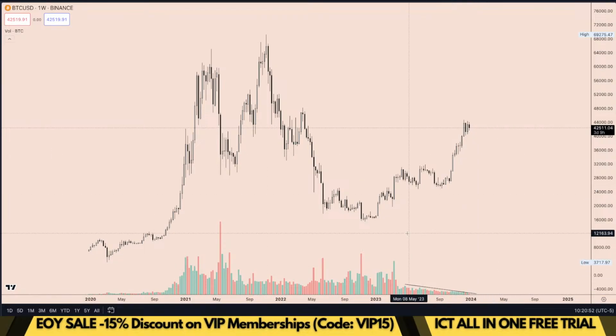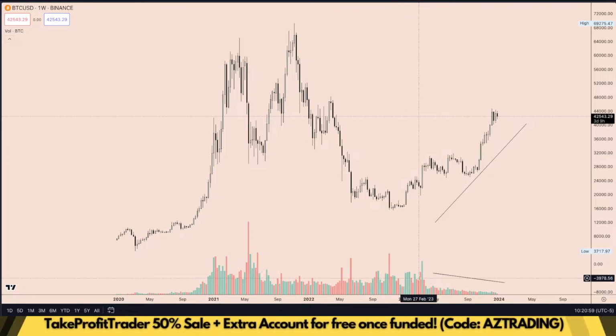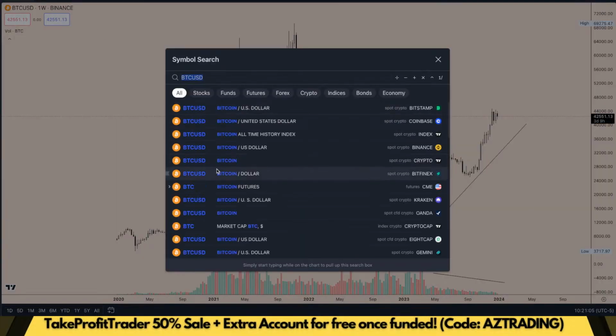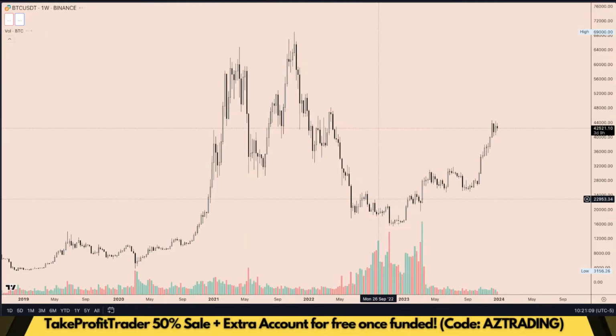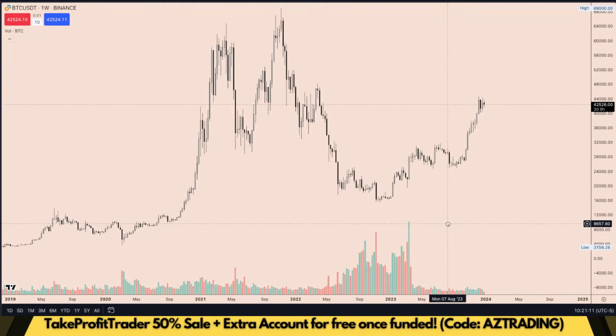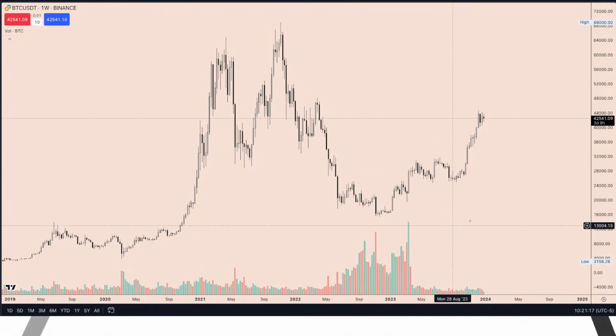And see what price is doing, compared to the volume right over here at the low, compared to the volume right now. Let's take a look at the Bitcoin USDT pair, if they share that same similarity. Yeah, kind of. See all the volume at the low? Whales buying, compared to right now.